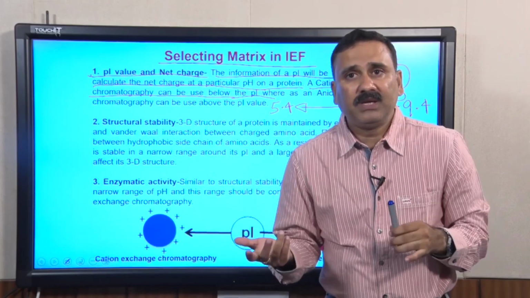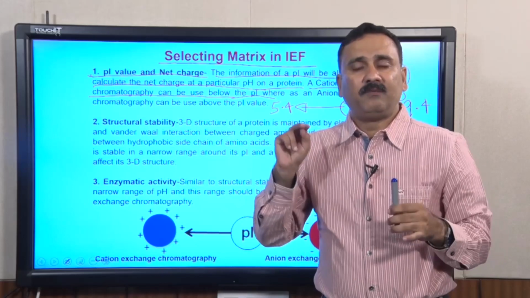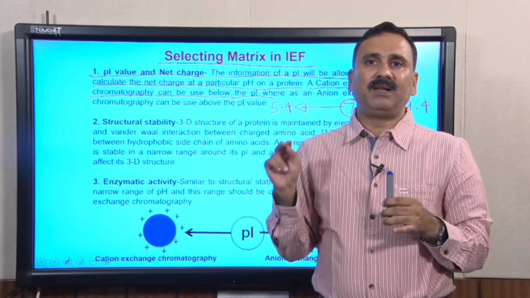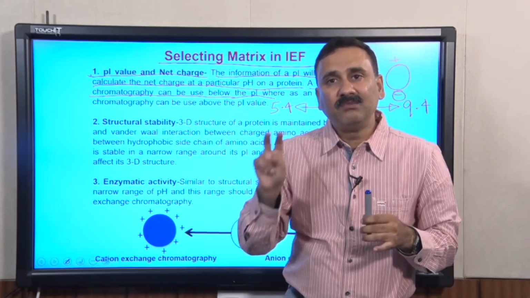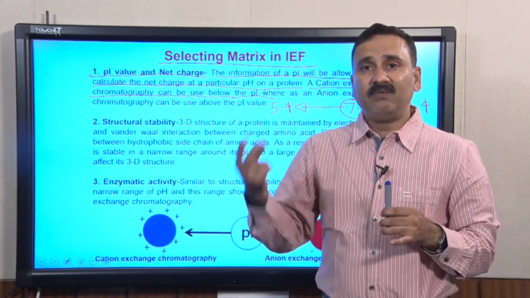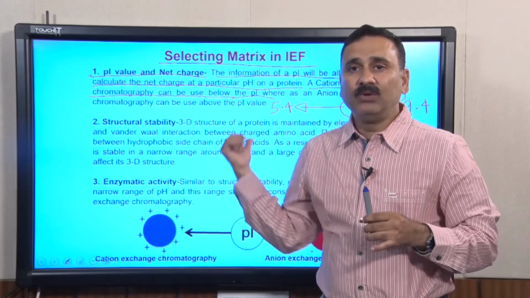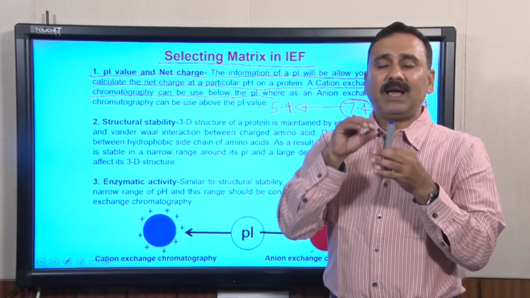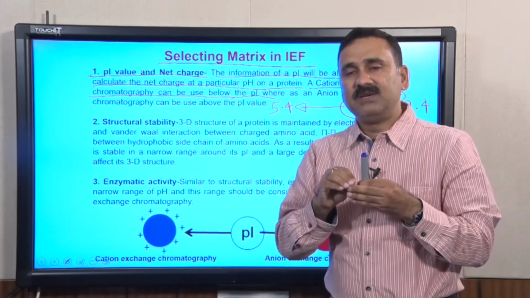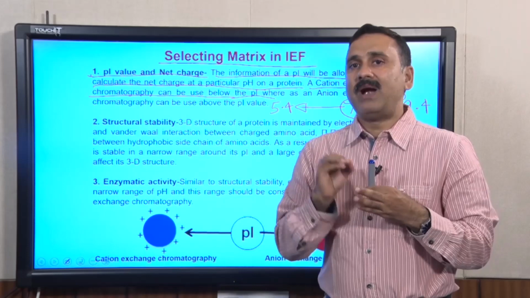Why the 2 unit pI difference? Why is the 2 unit pH difference required? Because people have realized from their experience that this much difference is good enough to impart sufficient charge onto the protein, and that will allow it to bind to the positively or negatively charged ligands present on the matrix.